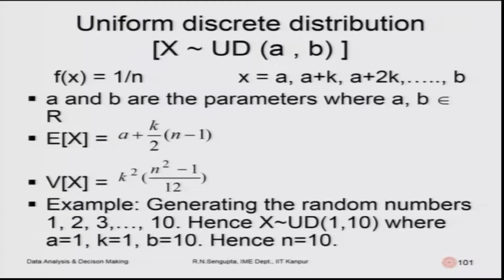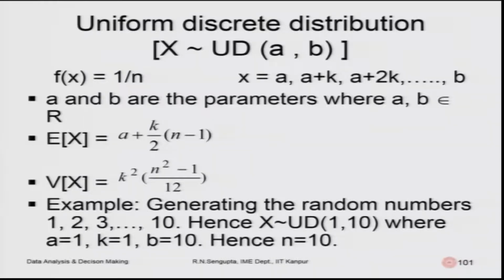The next jump further on would be a plus 2k, and it will go on till the last value, which is b. So, the masses are concentrated at the realized values a plus k, a plus 2k, and so on and so forth till b, and there are n such masses where the probabilities can be found out. Here a and b are the parameters which are on the real line.